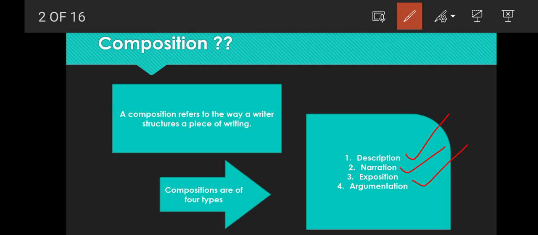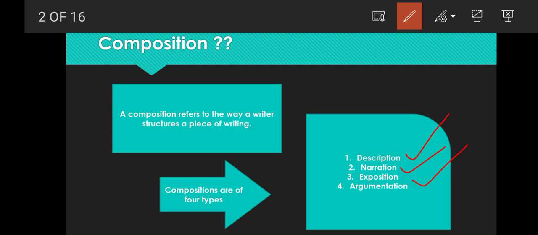As an example, let's take an example. I have taught you Daffodils by William Wordsworth, right? Just ponder. At the last, what was happening to William Wordsworth? He started pondering upon the daffodils in his mind.